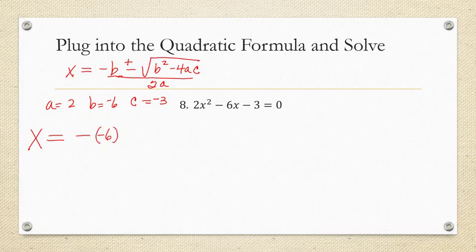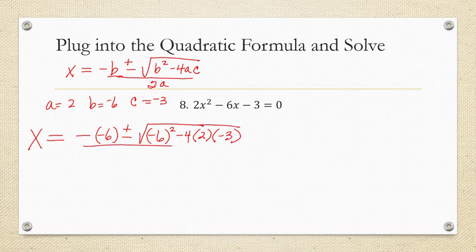-6, that's -b, plus or minus the square root of -6 squared minus 4 times a times c, all divided by 2 times 2. All right, let's see if we can simplify this a little bit. Two negatives make a positive, plus or minus.